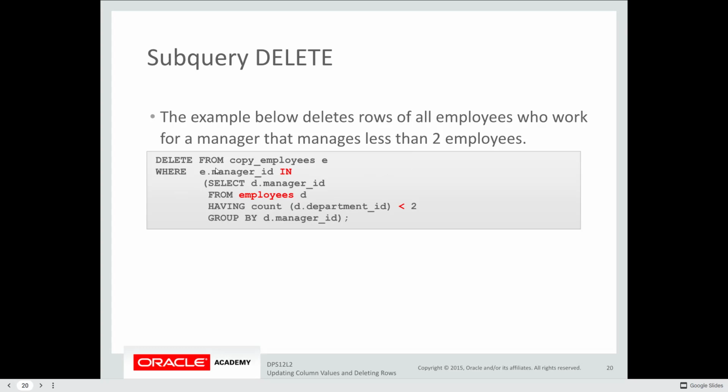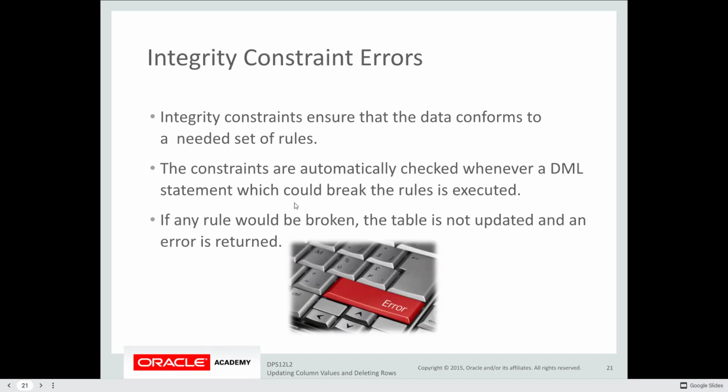Because you can run this as a select statement too, and then delete, just to make sure you're not bringing anything that might not be a particular part of this scenario. But subqueries are useful if you know the conditions and you're pretty comfortable. And once again, always run the subquery first before you place it in one of these DML statements.